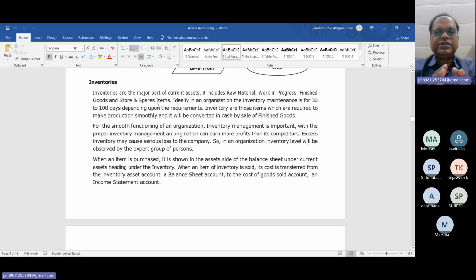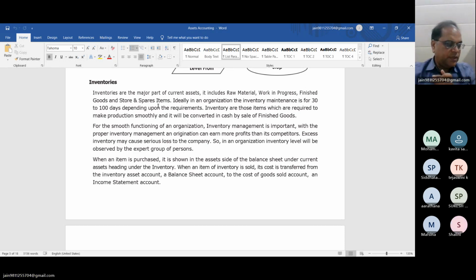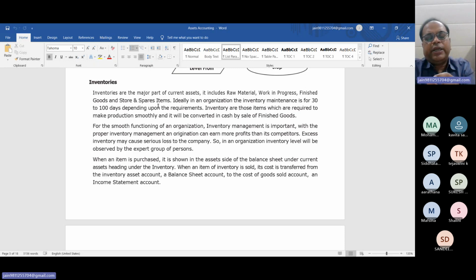First you purchase the raw material, so we will pass the entry: purchase account debit, to cash or bank. If we record the same entry in cost accounting, we will prepare the entry raw material control account debit, to cash, to bank or to party.